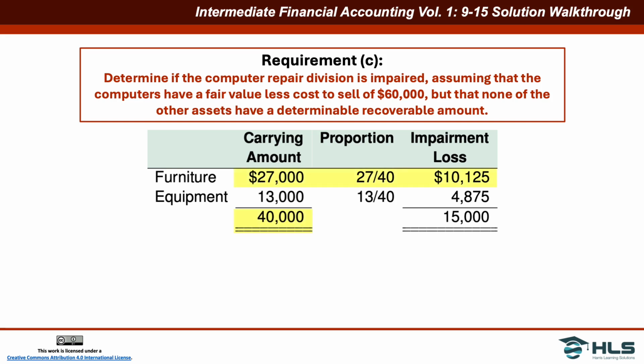So if we take the $15,000 impairment, multiply by 27 out of 40 for furniture, that results in an allocation of $10,125. The rest, $4,875, will be allocated to the equipment, and that's based on 13 out of 40, or $13,000 in its carrying value over the total carrying value of the two assets of $40,000.